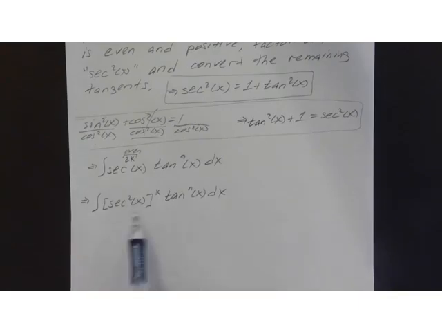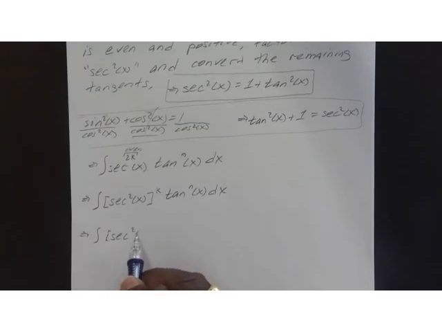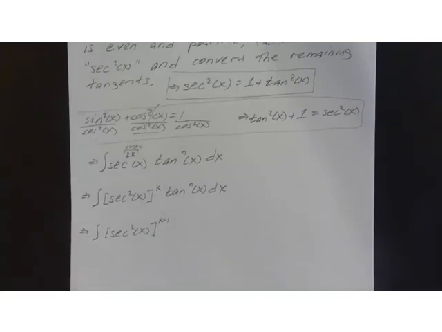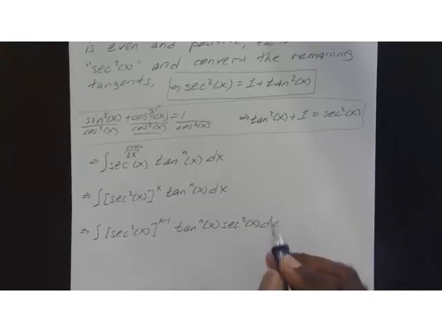So you're going to take one of these secant squared, and you're going to factor it out. So that's secant squared. If that's to the power of k, you're going to make that to the power of k minus 1. You're going to factor one of those out. Then this is just going to become tangent to the nth power times secant squared. Just take one of those and factor right in there.